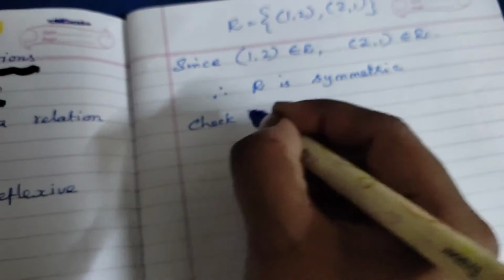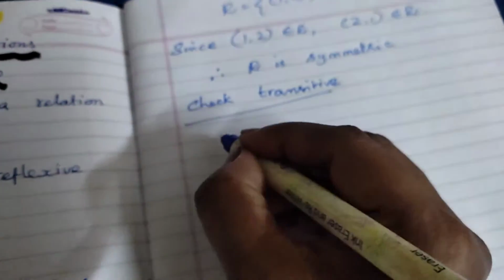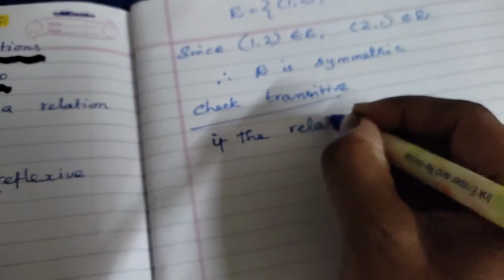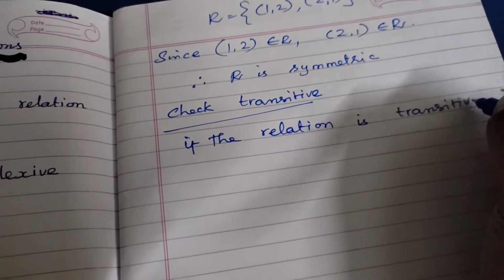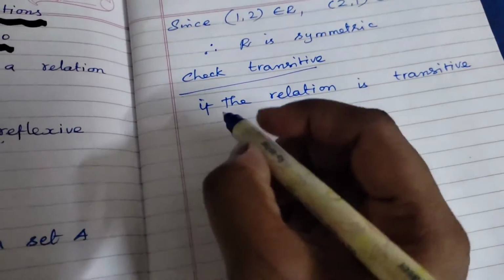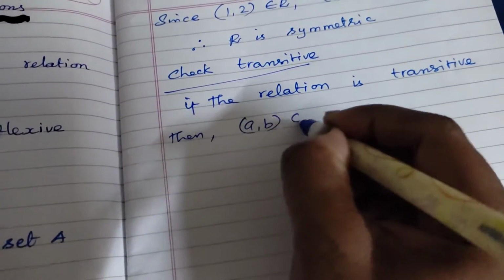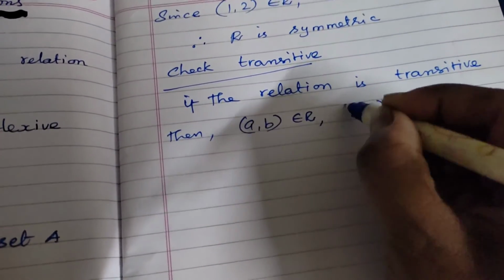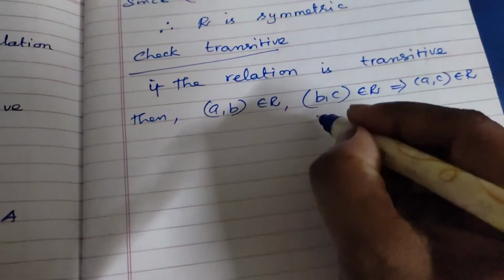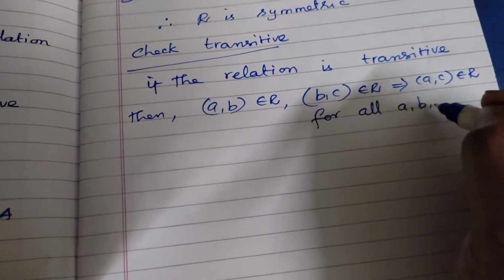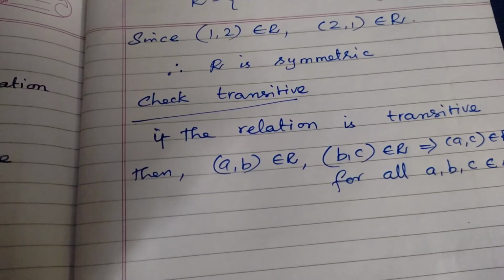Now check transitive. If the relation is transitive, we know the condition: (a, b) belongs to R and (b, c) belongs to R implies (a, c) belongs to R for all a, b, c belongs to the given set A. This is the transitive condition.